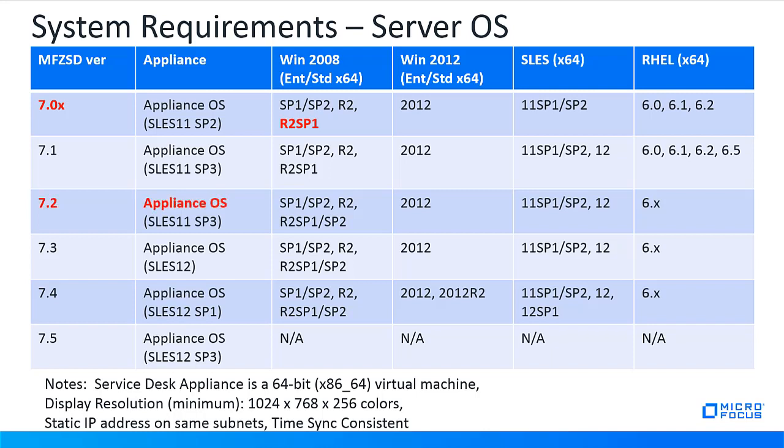We can jump 2 levels to the version 7.2 appliance model using the side-by-side upgrade. Then we can jump another 2 versions to the version 7.4 appliance model using the side-by-side upgrade again. And finally to our destination, version 7.5, using the side-by-side migration upgrade. This will achieve our version 7.5 Service Desk upgrade, keeping within the OS requirements with the minimum amount of change.